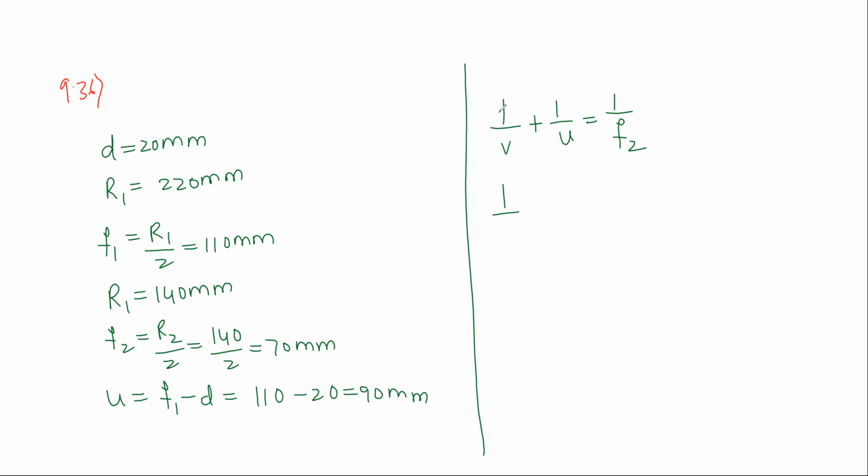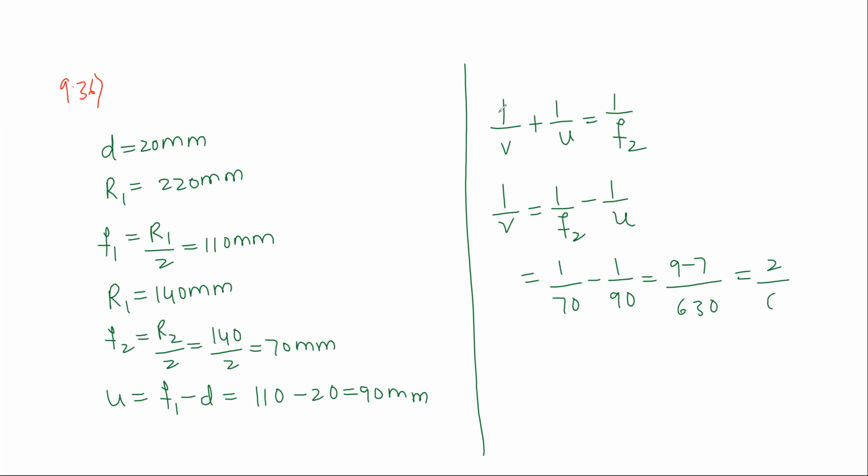So 1 by v is equal to 1 by f2 minus 1 by u. f2 value is 1 by 70 minus 1 by 90, is equal to 9 minus 7 by 630. After simplification, we got 2 divided by 630. So v value we got 630 divided by 2, which is 315 millimeter. So the final image will be found 350 millimeter away from the secondary mirror.